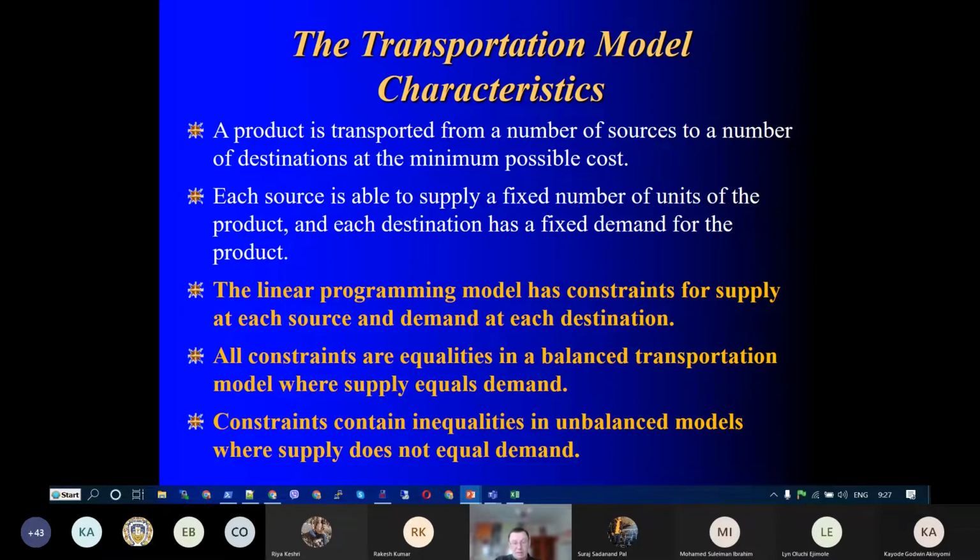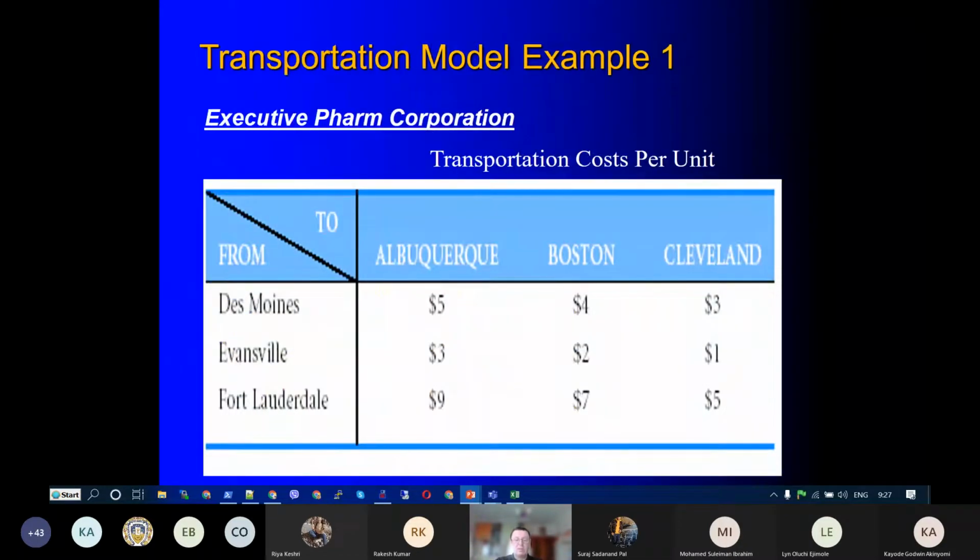On this slide we have some important assumptions about the implementation of the transportation model. The linear programming model has constraints for supply at each source and demand at each destination. Our constraints are equalities in a balanced transportation problem, where supply equals demand, and the constraints contain inequalities in an unbalanced model where supply does not equal demand.